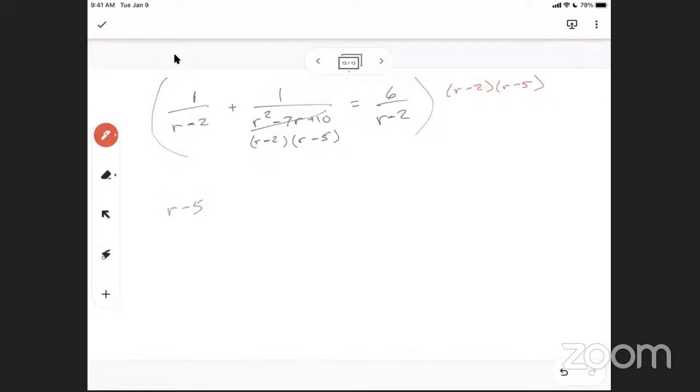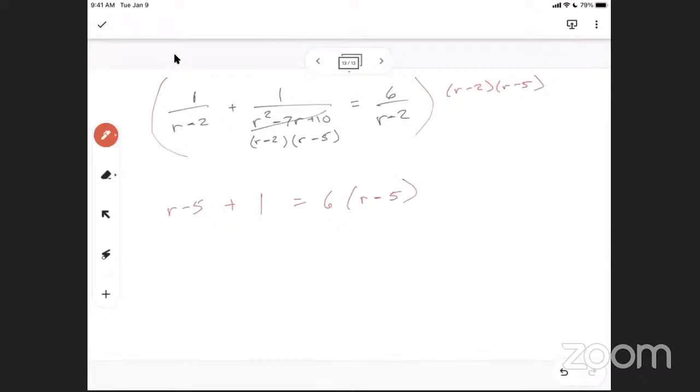When I multiply it here, what's going to cancel out? Both of them. And what's left? 1. And when I multiply it here, the r minus 2 cancels out, and what's left is 6 times r minus 5. See how easy that was?